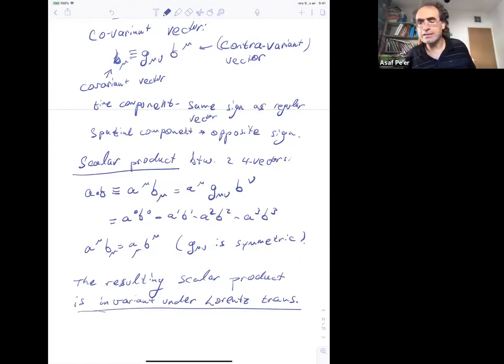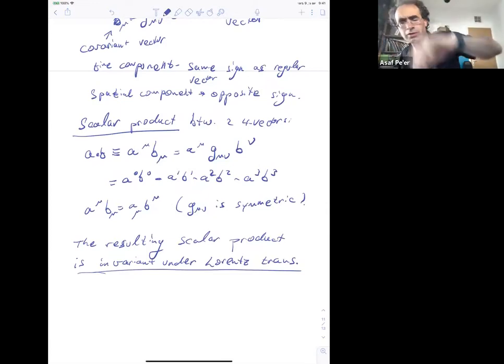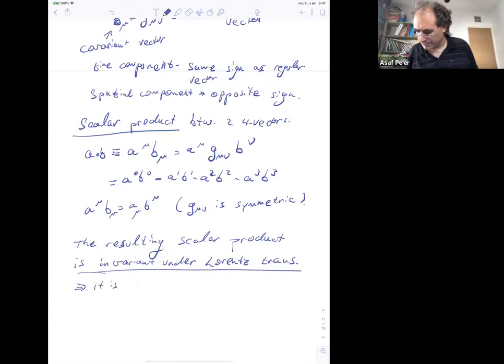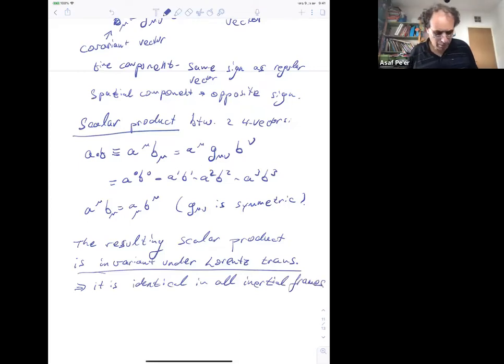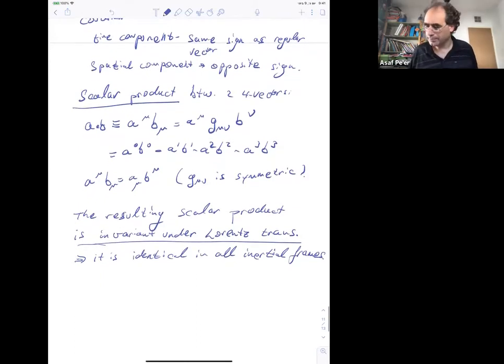So it always gets the same result in every frame. Any two observers will agree, so it's identical in all inertial frames. The technical term is that it is a Lorentz scalar.